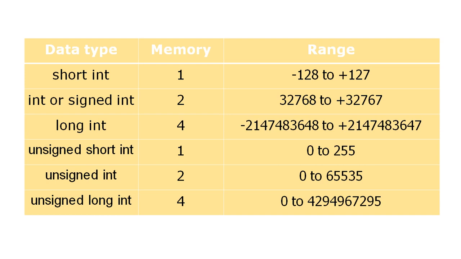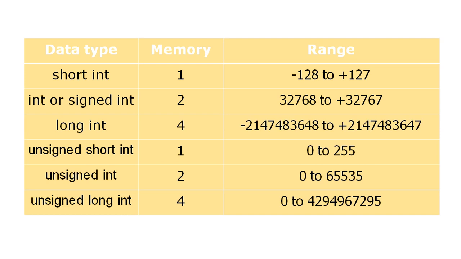Here see the difference between short int and unsigned short int. The memory size for short int is 1 byte and unsigned short int is also 1 byte. But the value we can store in short int is minus 128 to plus 127, while in unsigned short int we can store 0 to 255.